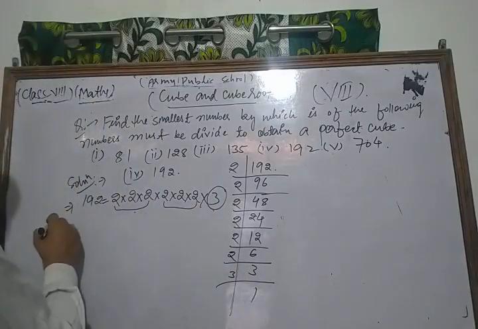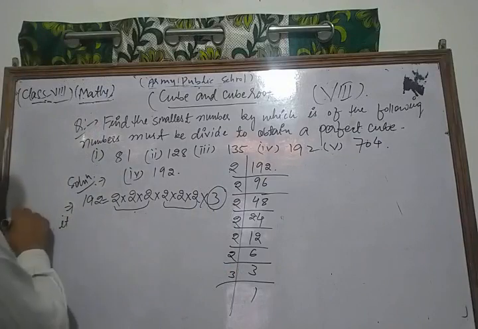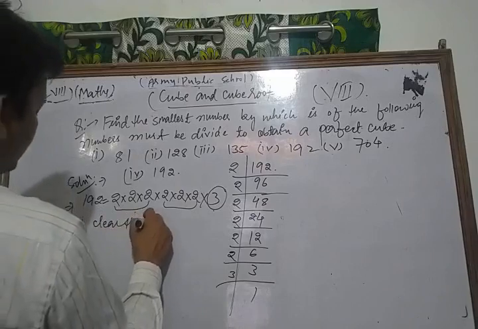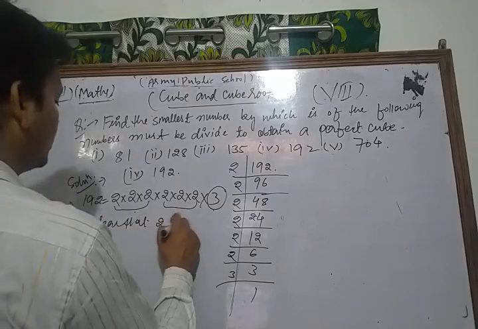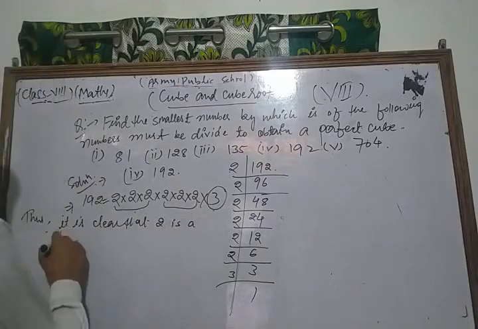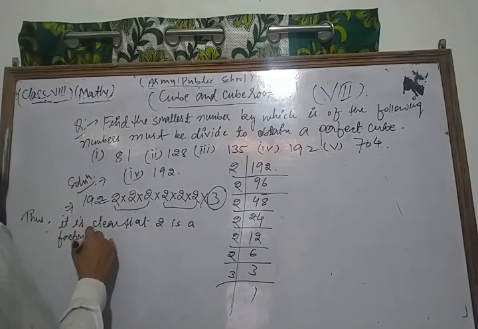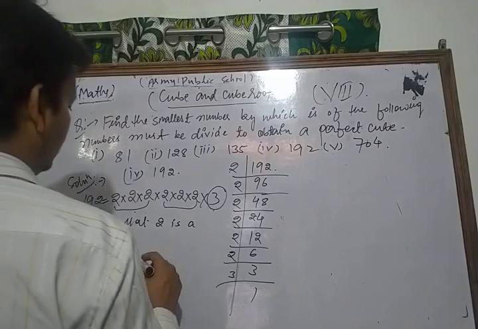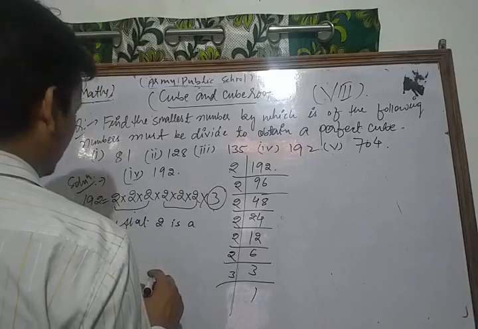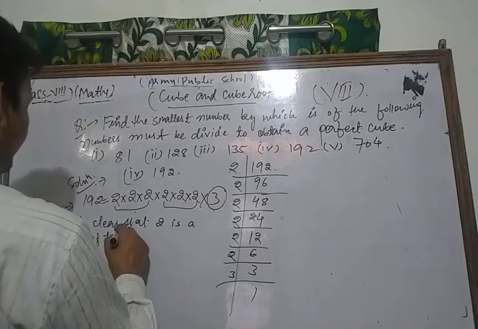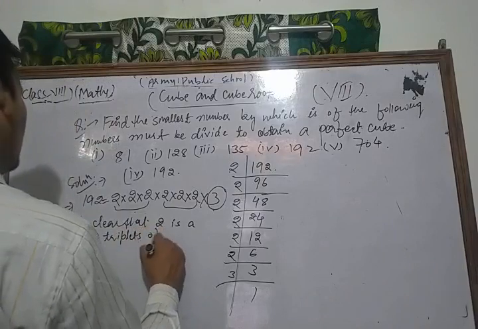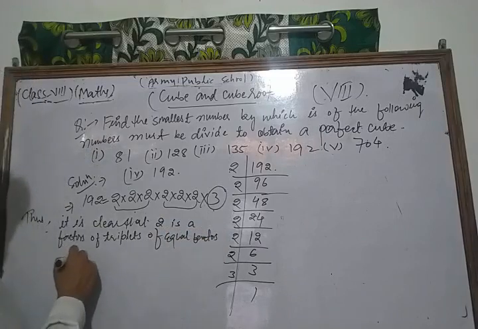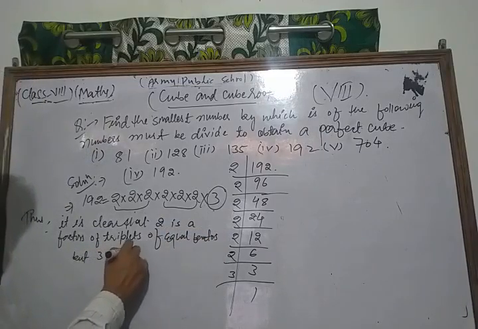It is clear that 2 is a factor in triplets of equal factors, but 3 is not.